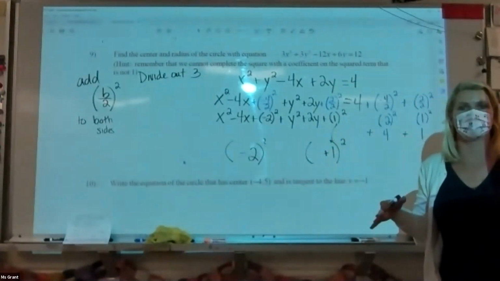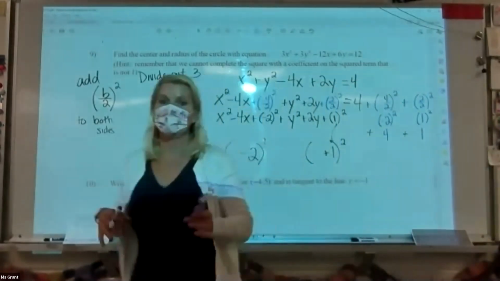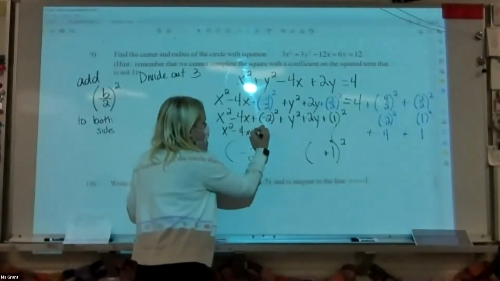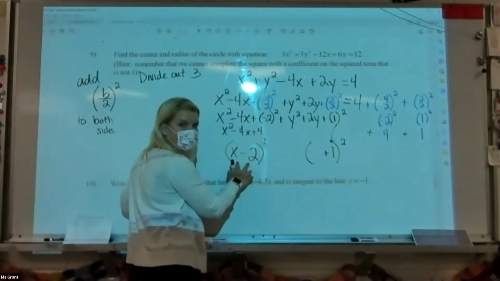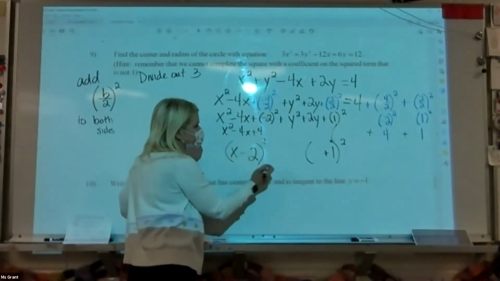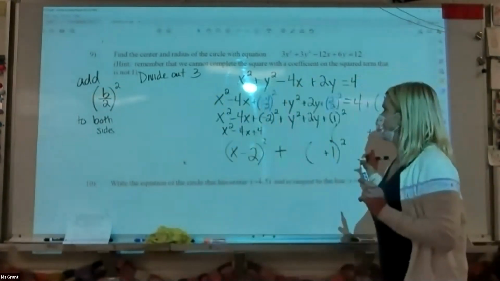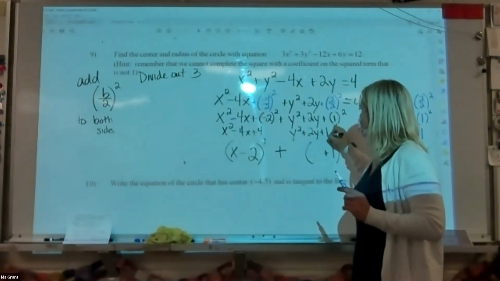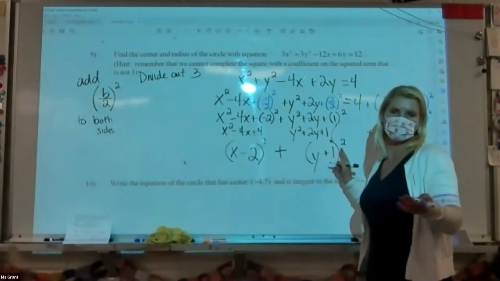So I'm already setting up for the future, the factoring. The trinomial that I'm factoring is x squared minus 4x plus 4, and it's this x minus 2. This is the factored form of it, right? X minus 2, x minus 2. This is y squared plus 2y plus 1, which the factored form is y plus 1, y plus 1.